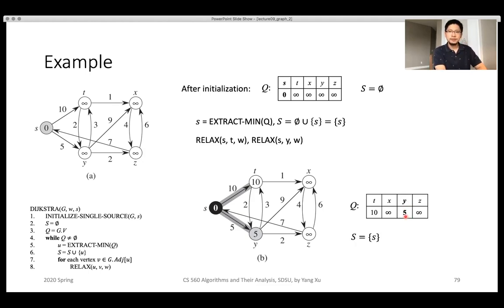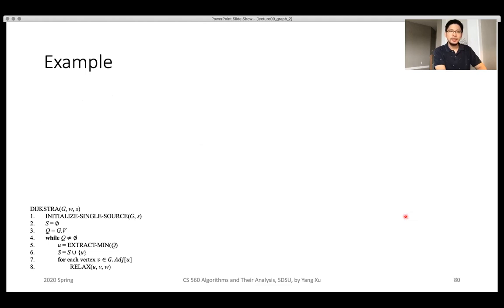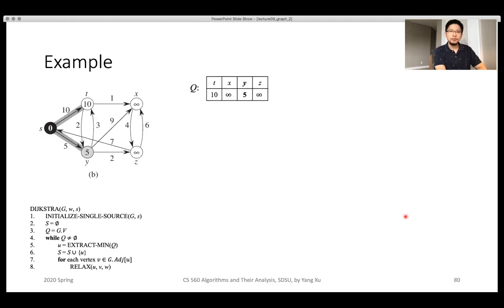In the next iteration, Y will be extracted, and S will be the union of S and Y, which is 2 elements now.